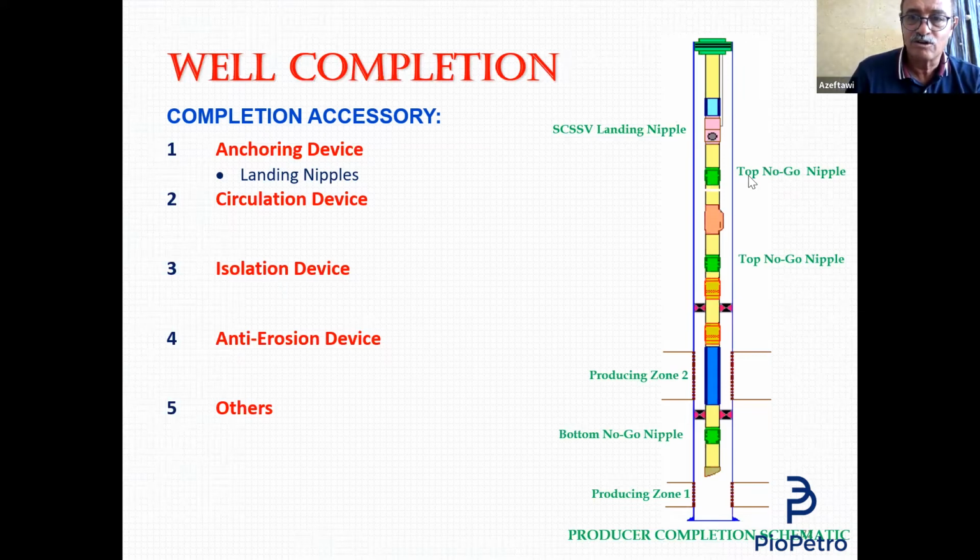You will see here that all of them are top no go, bottom no go. Don't be confused with the word no go. People sometimes confuse the word no go. No go means no pass. So if I put here on the top, top no go, then nothing will pass.